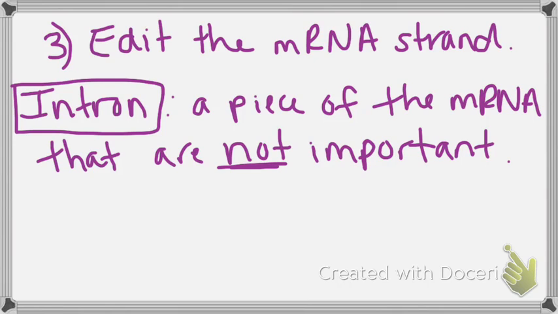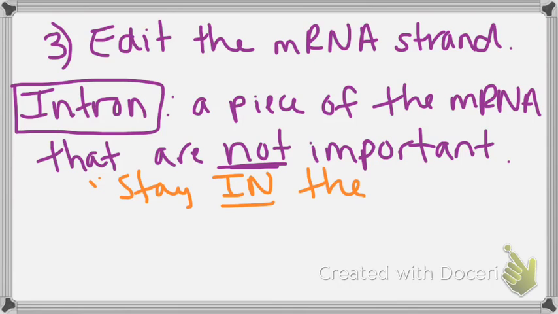This is like that extra bit of information that we do not need to send. It's not an important part of the instructions. It's extra fluff. So think of introns as staying in the nucleus. These pieces are not going to leave the nucleus. We're going to remove these before we send out our final message.